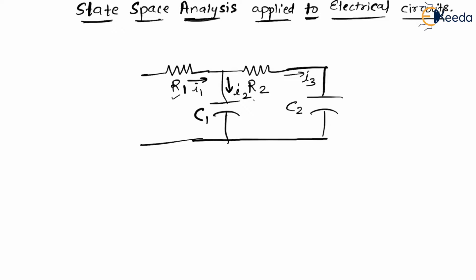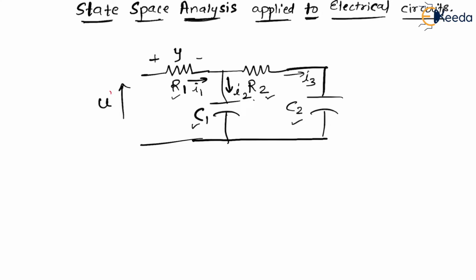This is R1, this is R2, this is capacitor C1, this is capacitor C2, and let us say the input that is given is U. What you are expected to find is the voltage across this resistance R1, which is Y. This is the output, and U is the input, for example U may be equal to 10 volts. Similarly, the output variable Y can be taken in the same fashion.